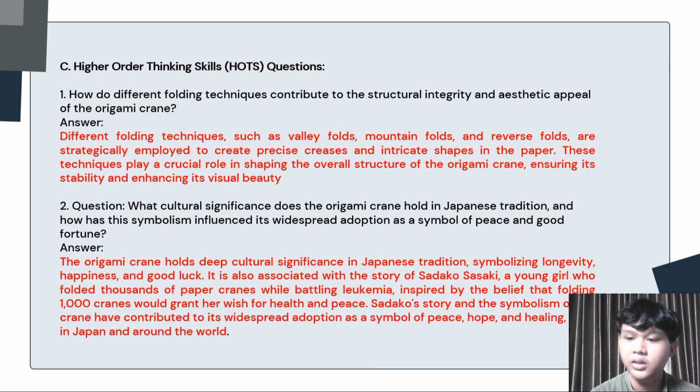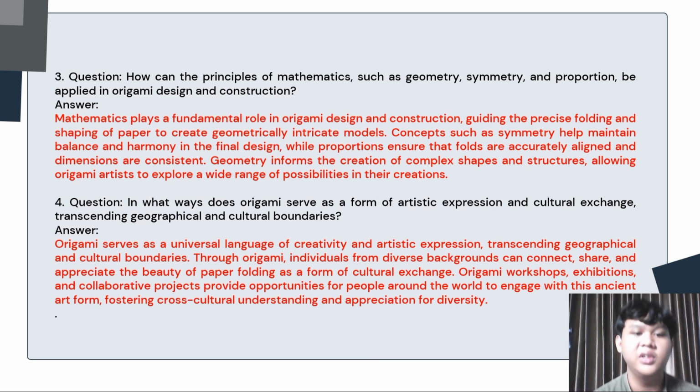The next is number 3. How can the principles of mathematics such as geometry, symmetry, and proportion be applied in origami design and construction? The answer is mathematics plays a fundamental role in origami design and construction, guiding the precise folding and shaping of paper to create geometrically intricate models.